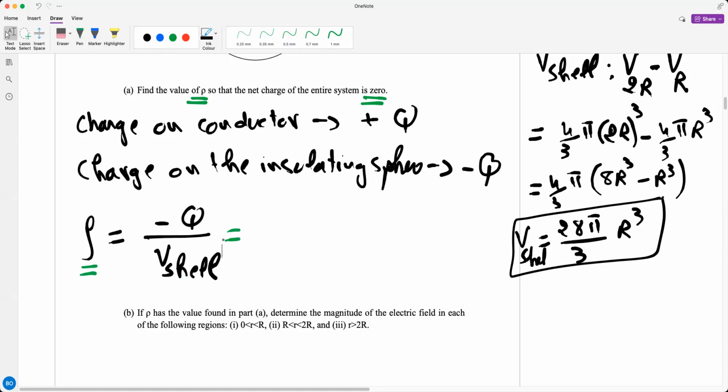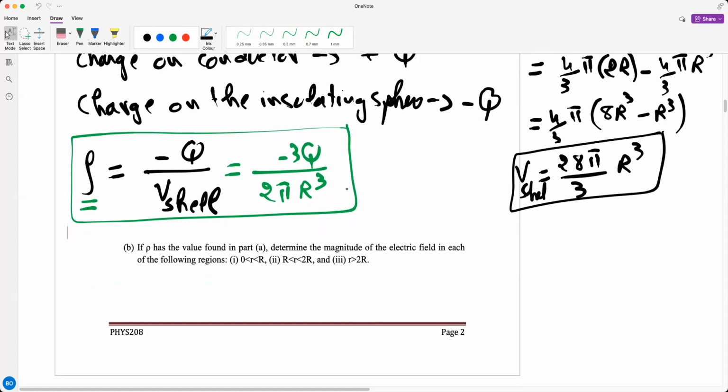The volume of the shell we just calculated, so it will be equal to minus Q divided by the volume. This will give me 3Q divided by 28 pi R cubed. Okay. So this is the volume charge density on the insulating sphere. Is this clear?